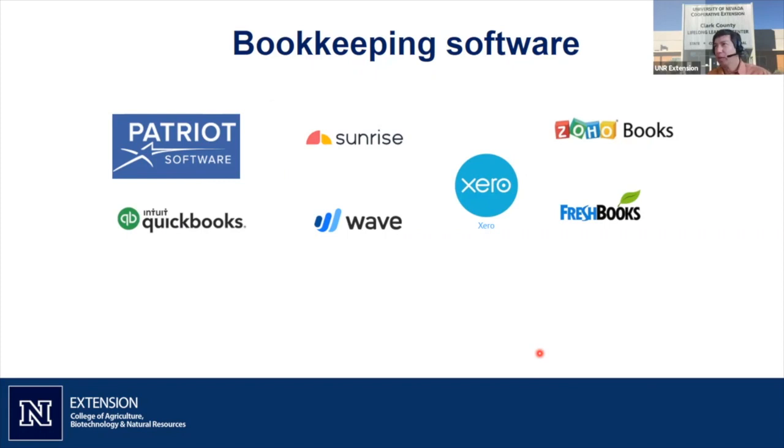FreshBooks is the same company, I think. But Patriot, those are companies that are stepping up and are having different interfaces where you can use their tools. So the whole process that we talk about, they help you out.